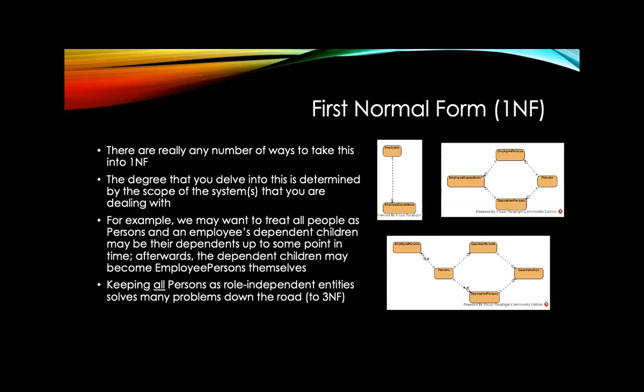So maybe I rewrite it a little bit differently so that I've got persons in general, and a person can either be a guardian or a person can be a dependent. And then there are these guardianship relationships set up that say that Rob is a guardian of Jane and my wife Sherry is also a guardian of Jane. And we can both now work for the company because persons is what the employee relationship is set up around.